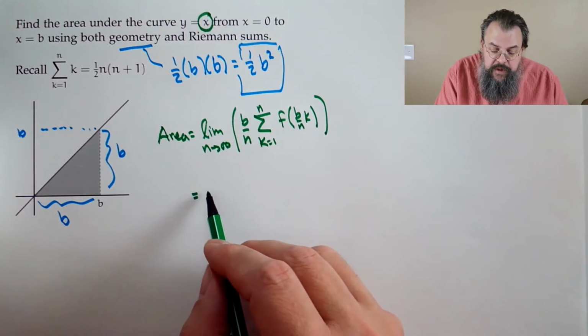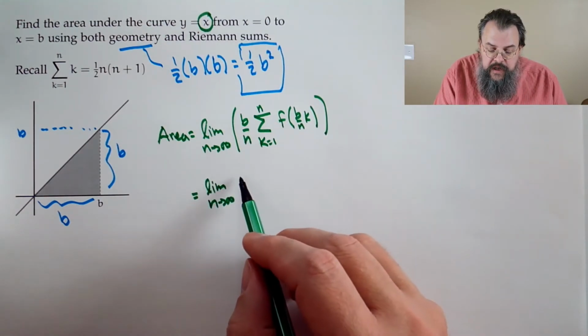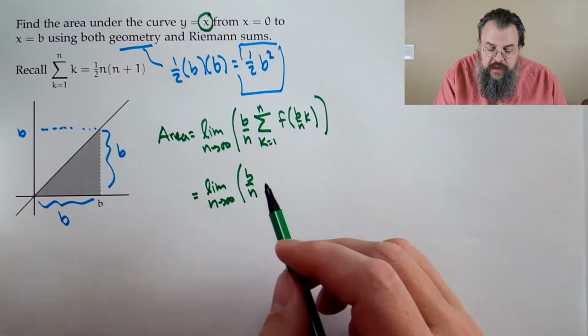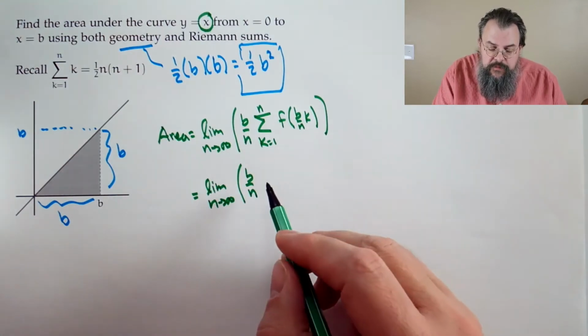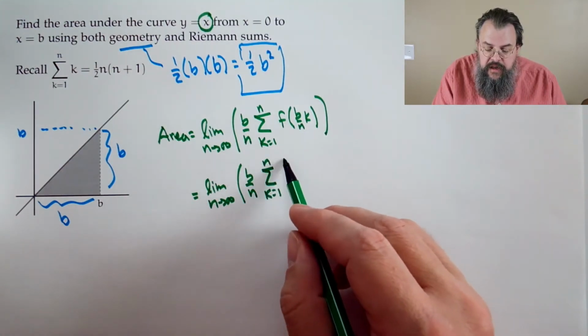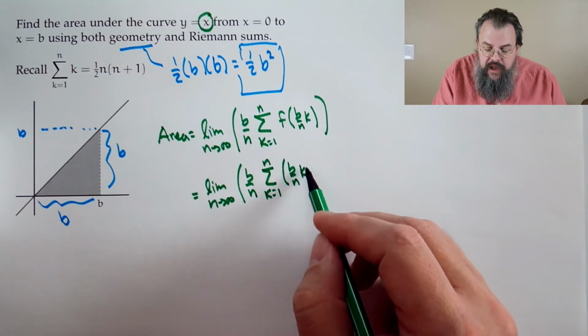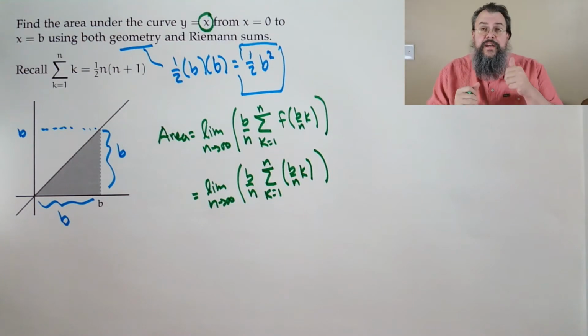So let's see what that becomes. That's the limit as n goes to infinity of b over n, and our function, that's whatever you plug in is what comes out. It's a really nice function. So sum k equals 1 to n of b over n times k. Now, when we look at the sum, it depends on k. That's the index.